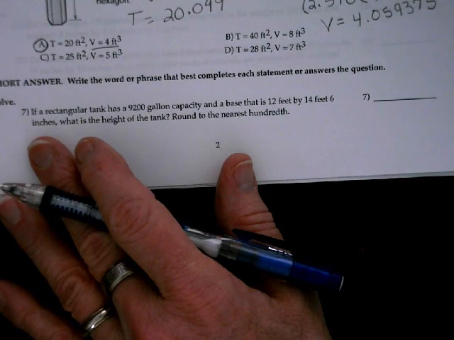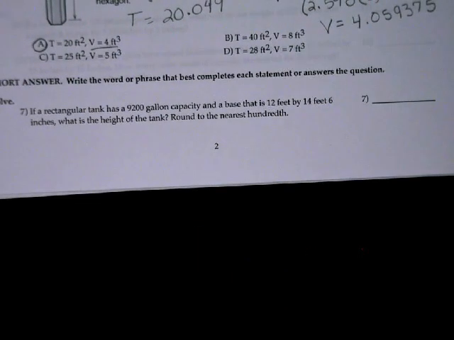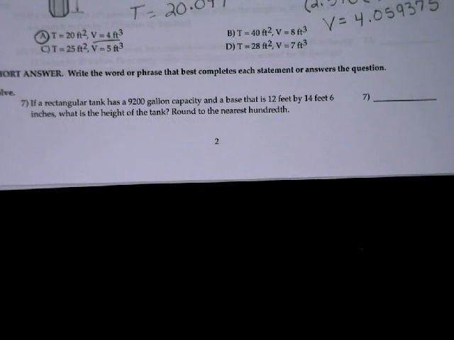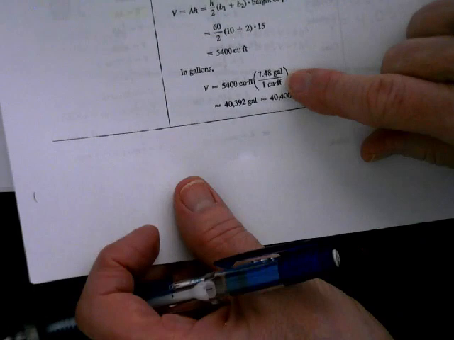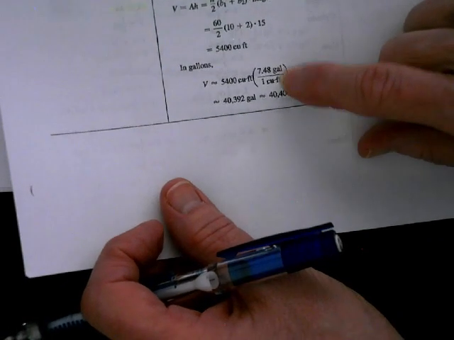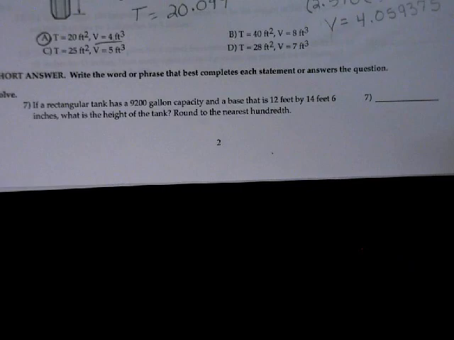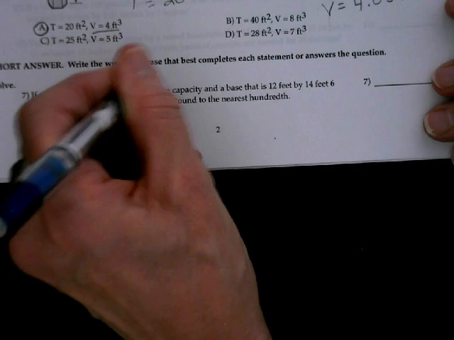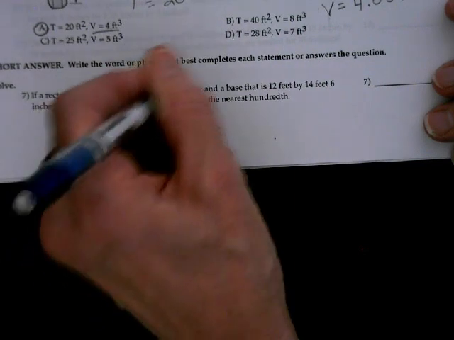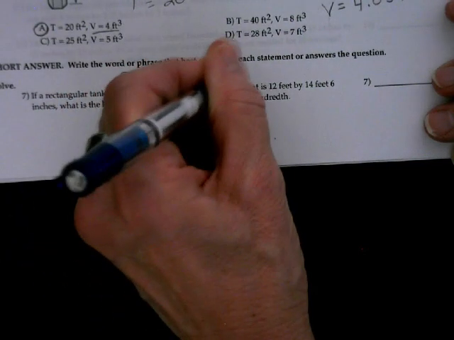Okay, back to practical. If instead of just a picture with measures, we get into context. A regular tank has a 9,200 gallon capacity, and we have talked about it before in past lessons. It is found on the back of your solid figures summary right here, that there are 7 4/800 gallons in 1 cubic foot.